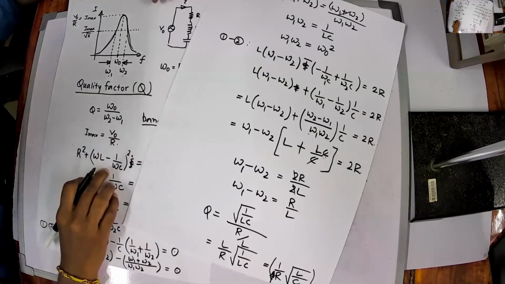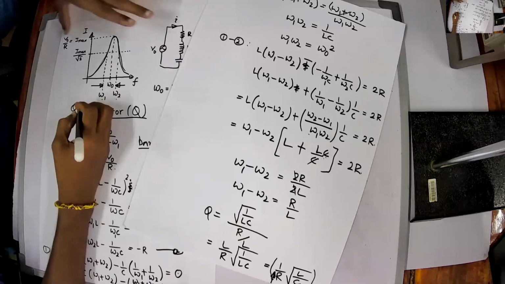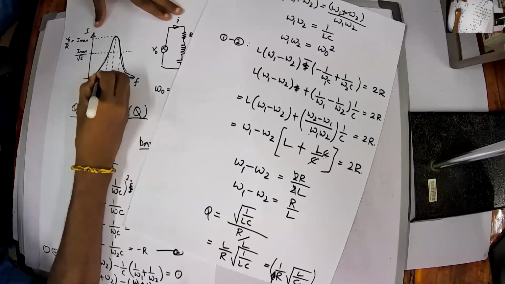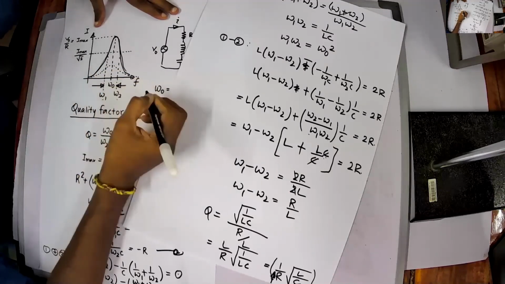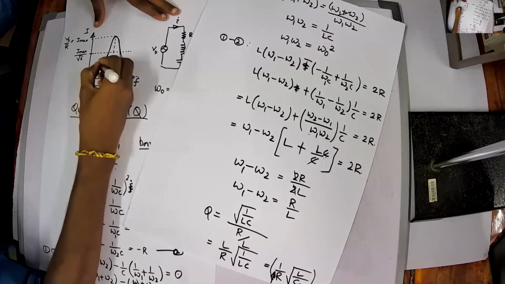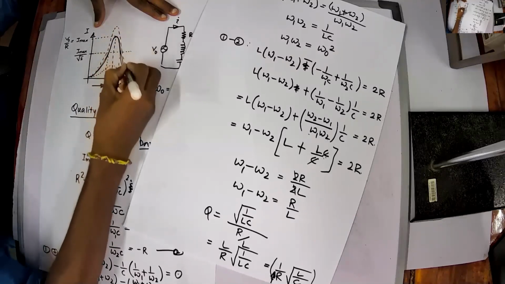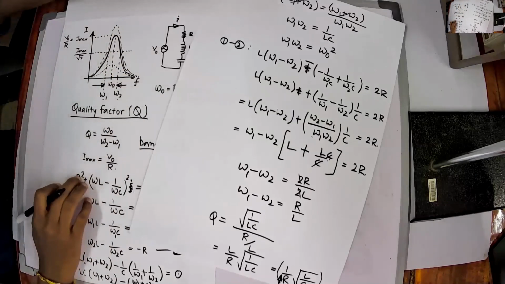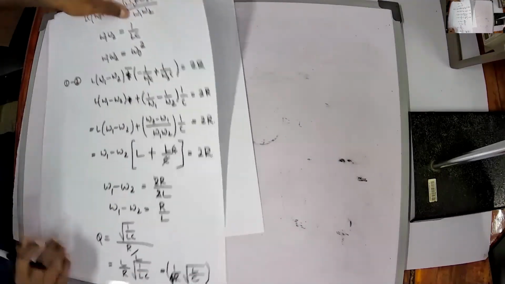If your resistance is high, you will have your resonance looking something like this. If you have a relatively low resistance, it will get sharper. So that's what your quality factor says about the resonance frequency.